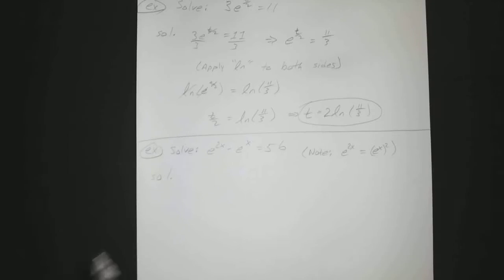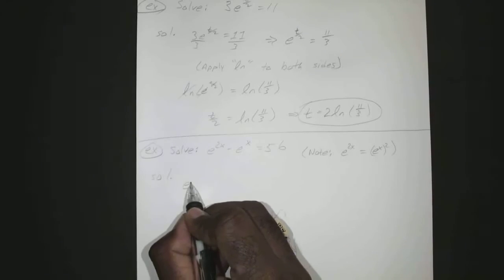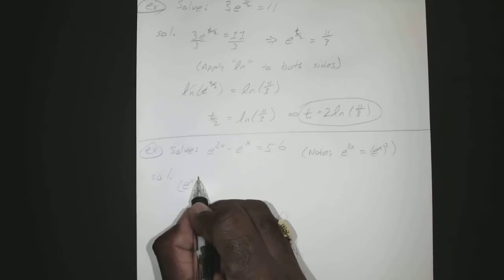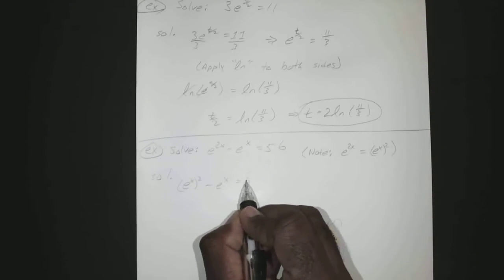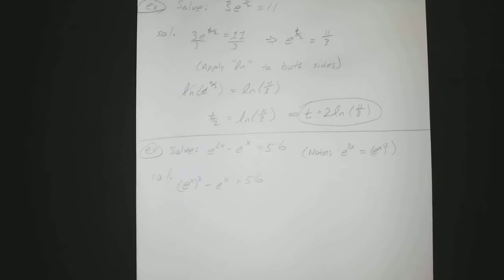Okay. Now with this one, since you have e to the power of x squared minus e to the power of x equals 56, you can either use substitution or you can kind of use it the same way. Either way, just depends on which one you're comfortable with.